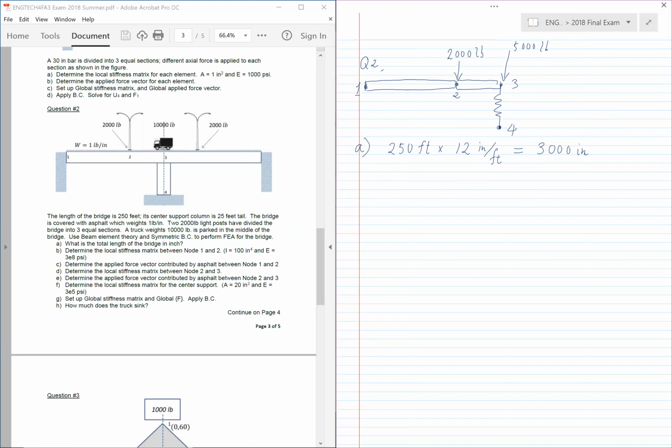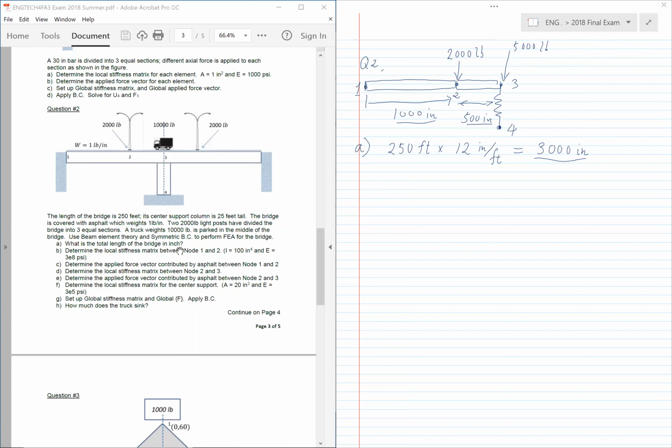Because this is 3,000 inches, that portion right there is going to be 1,000 and the shorter portion is 500 inches. You okay so far? Any questions in chat for me? Okay, great. I'll carry on.